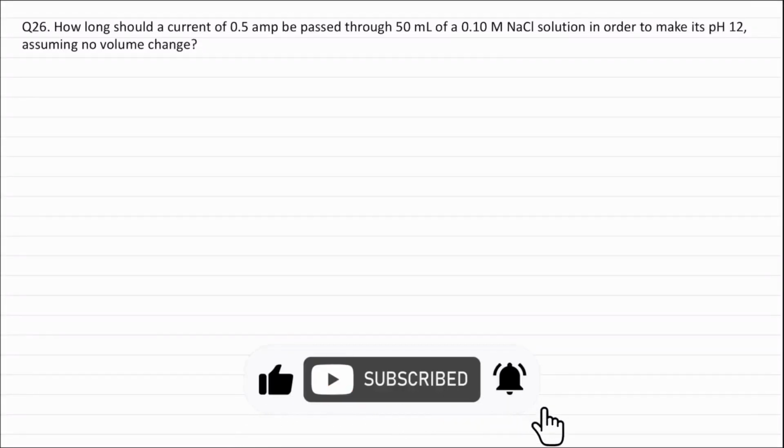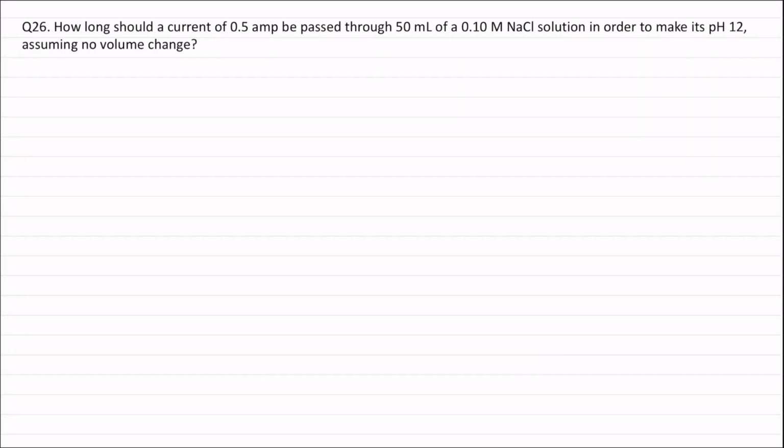Question 26. How long should a current of 0.5 ampere be passed through 50 milliliter of a 0.10 m NaCl solution in order to make its pH 12, assuming no volume change? pH is equal to 12, therefore pOH will be equal to 14 minus 12, which is equal to 2.